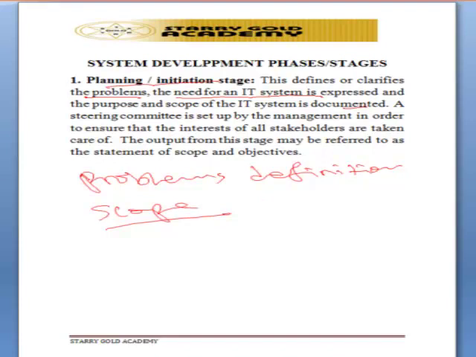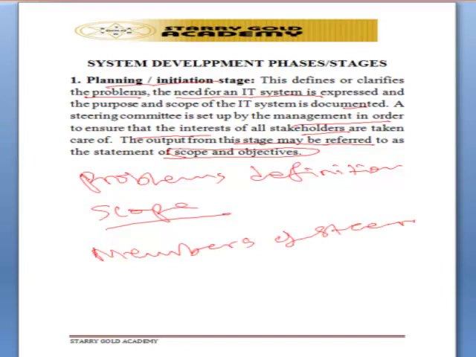A steering committee is set up by the management in order to ensure the interests of all stakeholders are taken care of, and the aspects of this stage may be referred to as the statement of scope and objectives. We are still going to look at the steering committee in detail, because normally in the exam, if they want to test it, they always test the members of the steering committee, and the functions of the steering committee.